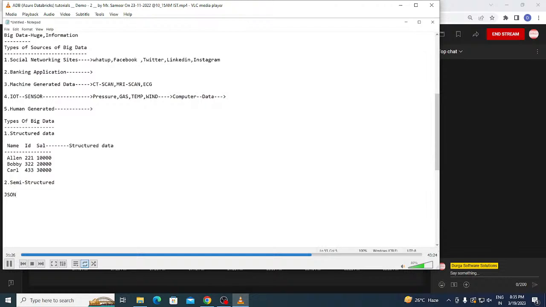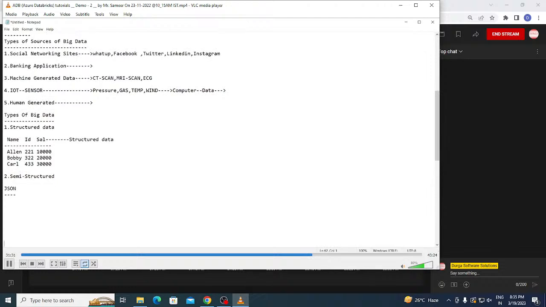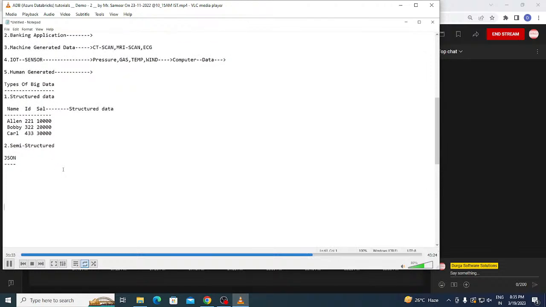JSON files. I'll show you how a JSON file looks and how the data will be. The data in a JSON file is given in curly braces. If I'm defining this data in JSON format, let us see it here.